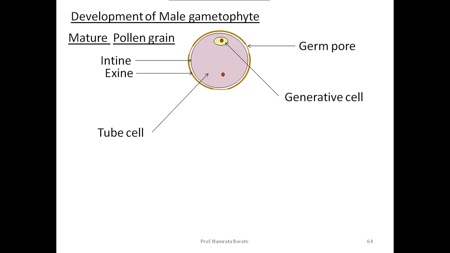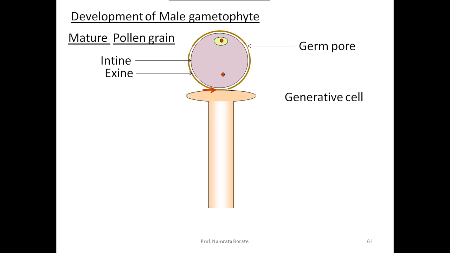This vegetative cell is also called the tube cell. It is rich in food and has an irregular shaped nucleus. The generative cell floats in the cytoplasm of the vegetative cell.